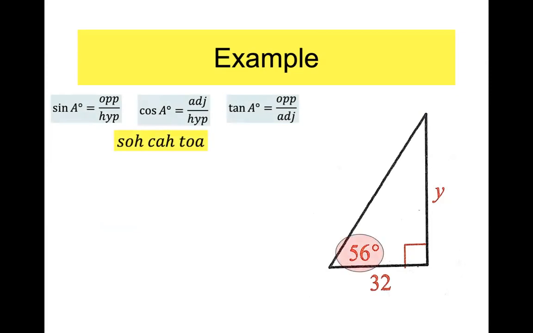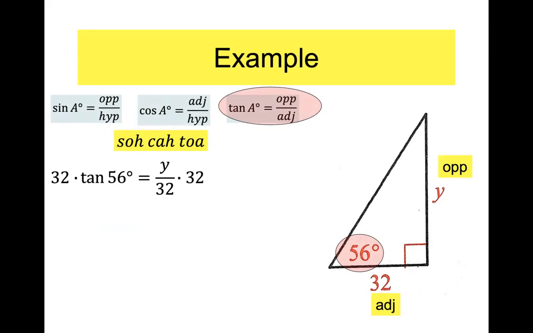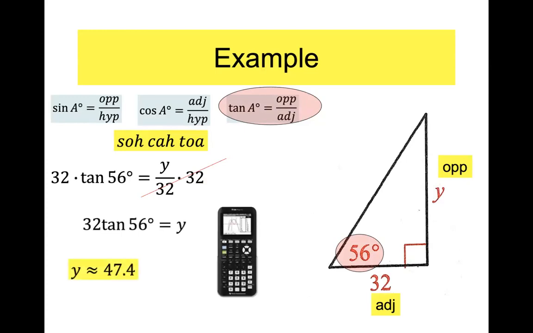The relationship between the known side and the unknown side: the unknown side in this particular example is the opposite side to 56 degrees, and 36 is the adjacent side to 56 degrees. So let's see, opposite adjacent, which trig ratio is that? Opposite adjacent is tangent. So that's my setup. So opposite over adjacent would be y over 32, multiply both sides by 32. You've done this many times now. 32s cancel on the right side, and the left side is what we plug into our calculator to get our final answer.